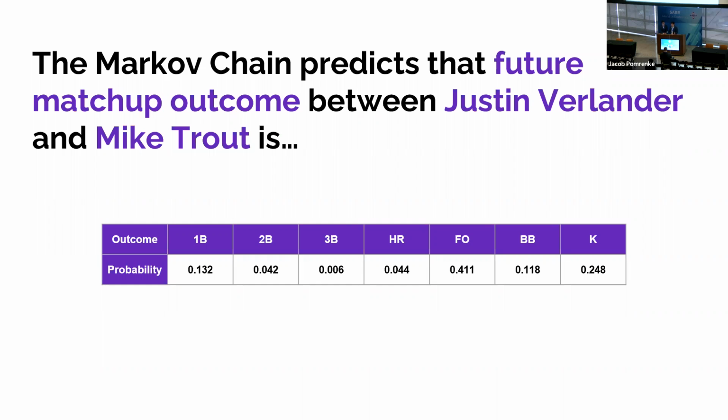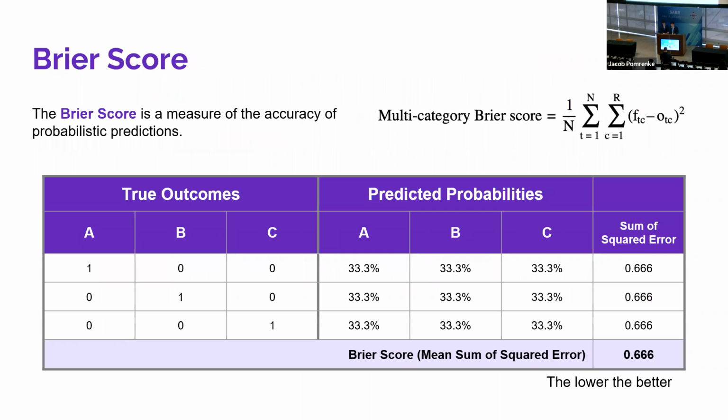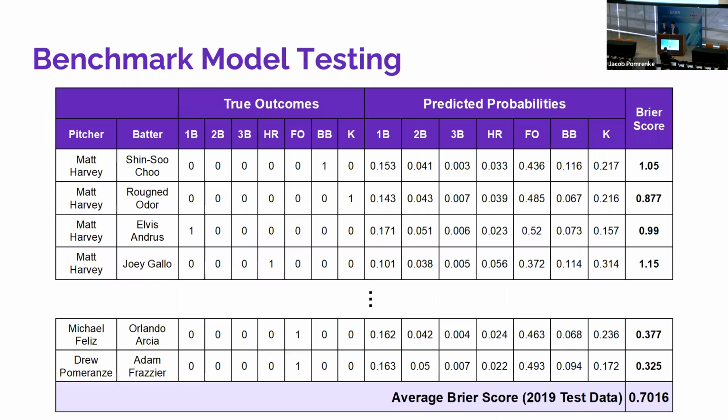So we're hoping that Mike Trout will always hit 13% singles. If we're talking about every individual prediction, then obviously it's not going to be very close to 100% accuracy, because there's just no way that we accurately predict, hey, for this particular plate appearance, it's going to be a home run. But we're hoping to predict the long-term tendency of those matchups.